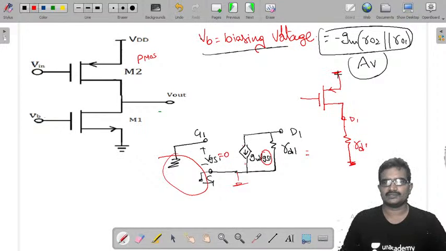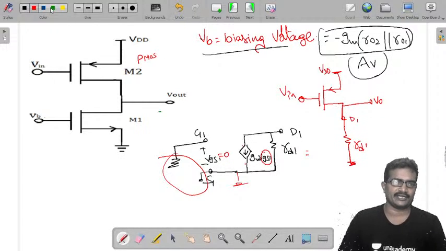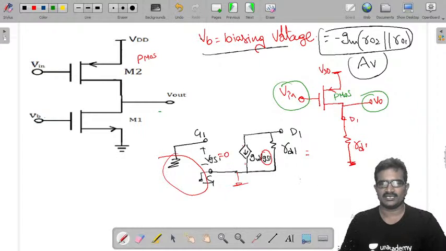Now it is V input, it is VDD. So at source we ground, and at drain you are taking output for this PMOS. At gate you are applying input. Therefore it is a common source amplifier.